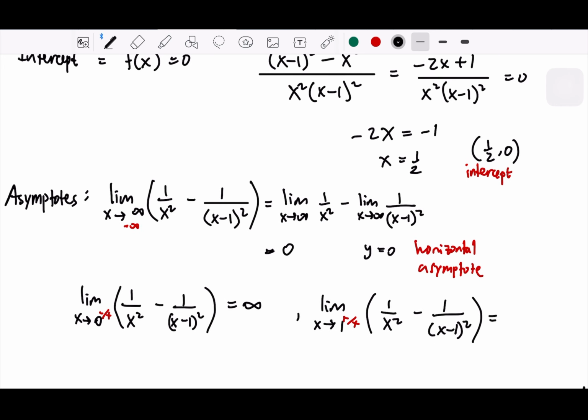This will equal negative infinity. So x equals 0 and x equals 1 will be vertical asymptotes.